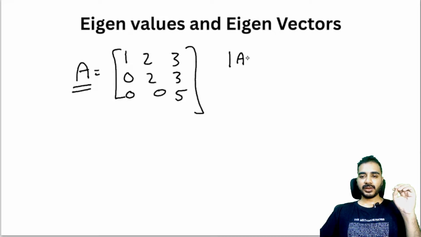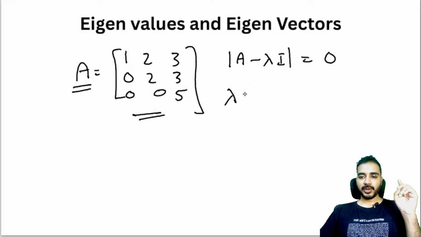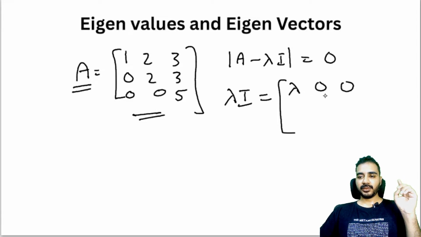For that, the determinant of A minus lambda I equals 0. So what is A minus lambda I? This is A. What is lambda I? Lambda I is nothing but the identity matrix, or the unit matrix, multiplied with lambda, that is lambda 0 0, 0 lambda 0, 0 0 lambda.